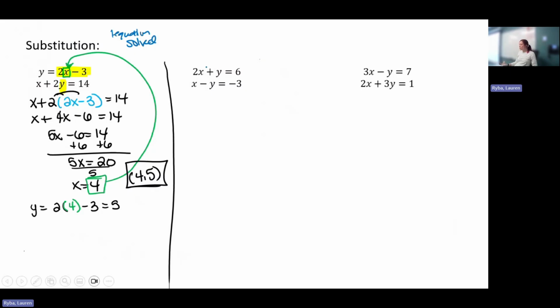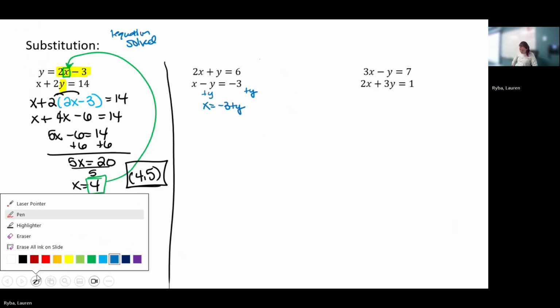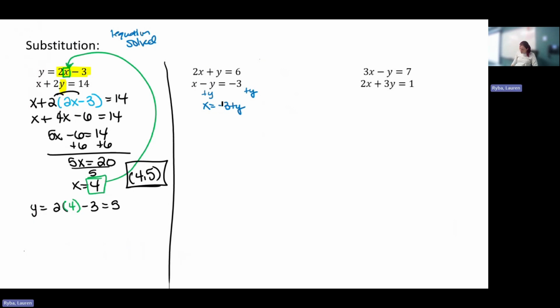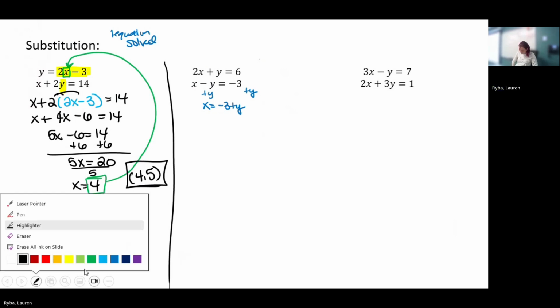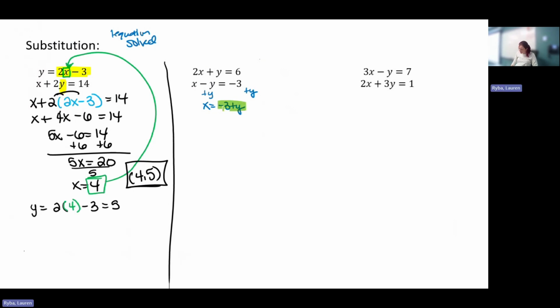It really doesn't matter which one you do. It's really preference. I'm going to take the bottom one here, and I can solve it for x if I just add y to the other side. So x equals -3 plus y. So I'm going to take that -3 plus y, put it in for x of the other equation.